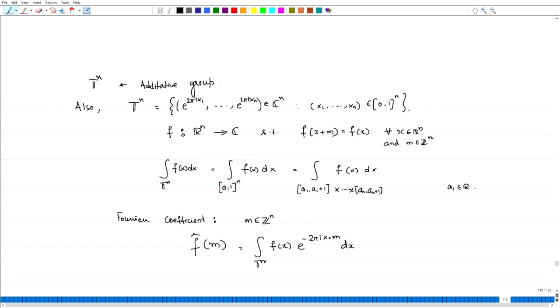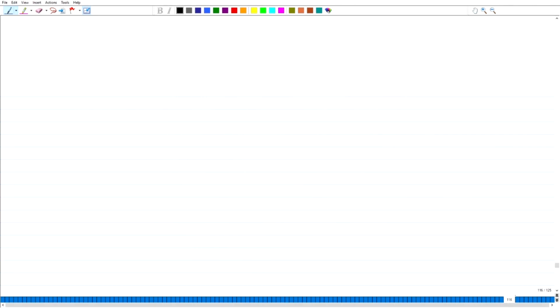This is also e to the power 2 pi i x dot m, and one can easily check that this is a one-periodic function on R^n. So, this is the natural definition of the Fourier transform.